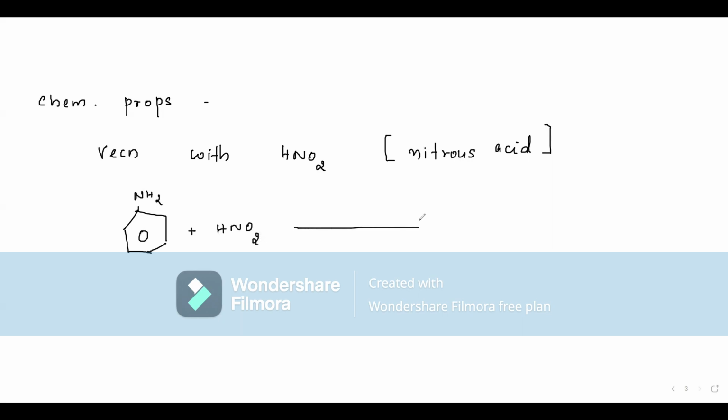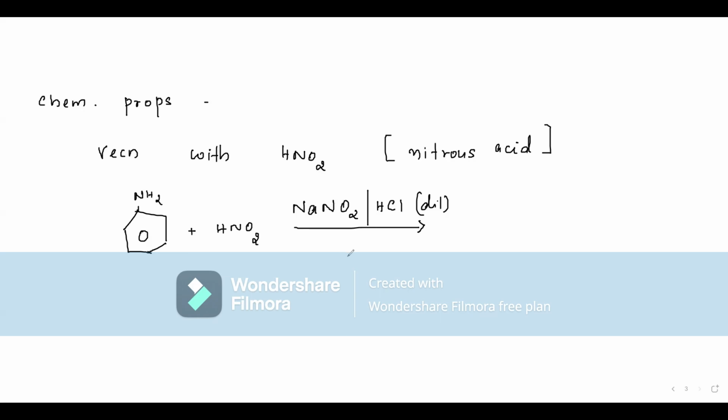Now, since HNO2 cannot be prepared and stored, what I'm doing is I'll prepare HNO2 by the reaction between NaNO2 and HCl, sodium nitrite in dilute hydrochloric acid. These two will react together to give us HNO2.